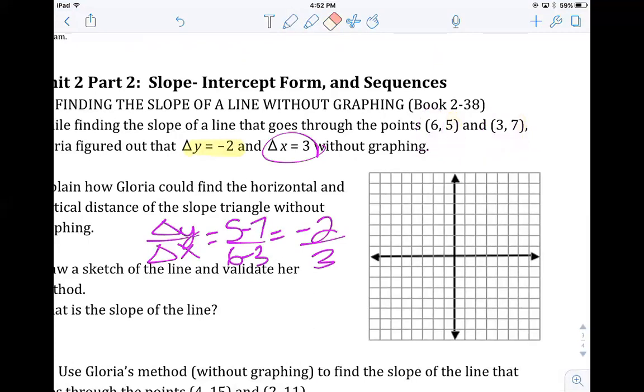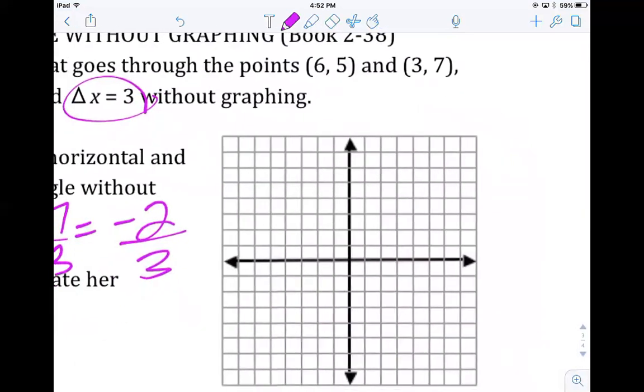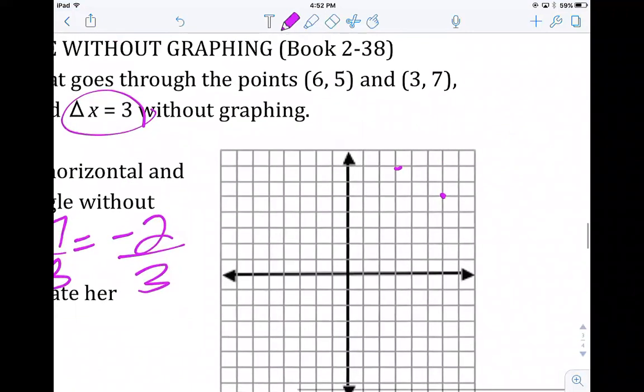So I'm going to plot my point (6, 5). I'm going to go over 6, 1, 2, 3, 4, 5, 6, up 1, 2, 3, 4, 5. Plot my point. Then go over 3 and up 7. All right, so here are my 2 points.